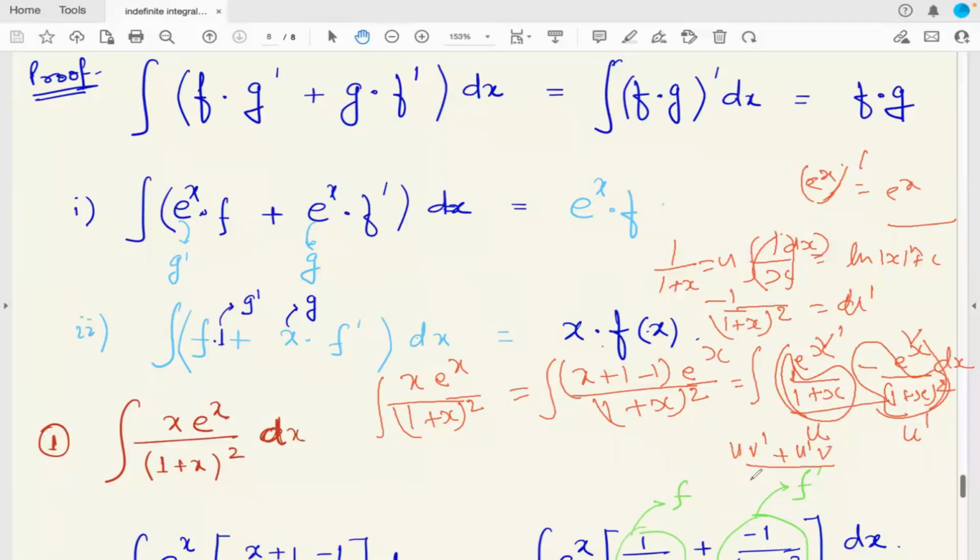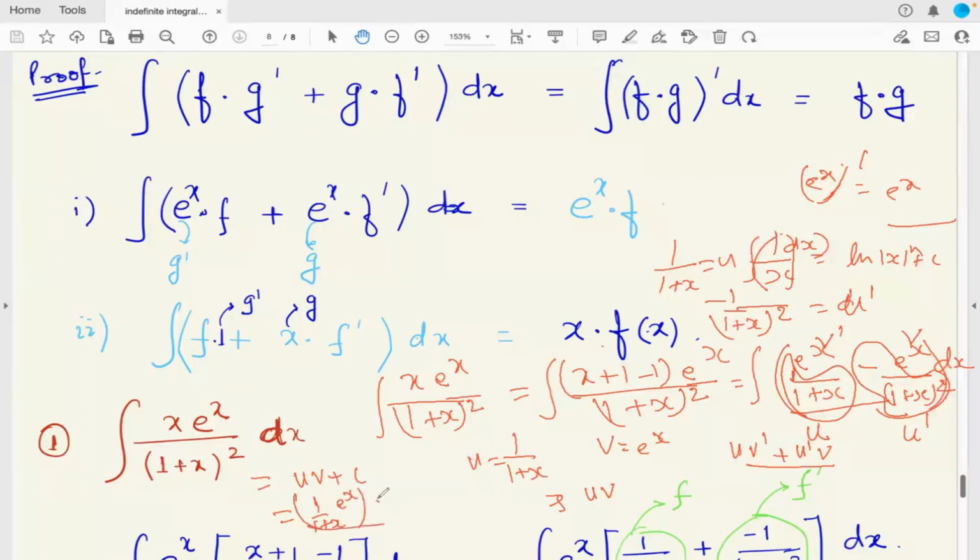Where actually u is 1 by 1 plus x and v is e to the power x. So what is our integration? We read that actually uv is our integrand value. So here uv plus constant, where u is our 1 by 1 plus x times e to the power x.